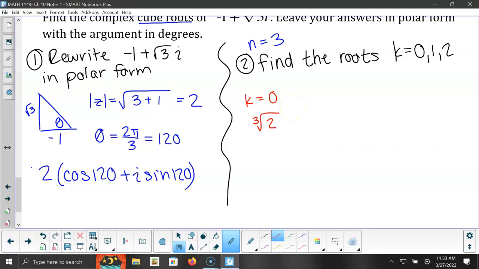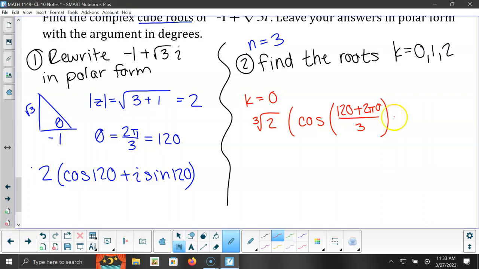Now the inside part is going to be cosine of, if you look at your formula sheet, your original theta value. So 120 plus 2 pi k divided by n. 2 pi and then k. k is 0, yep.